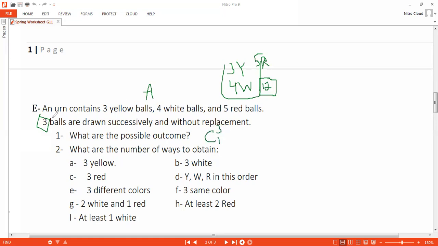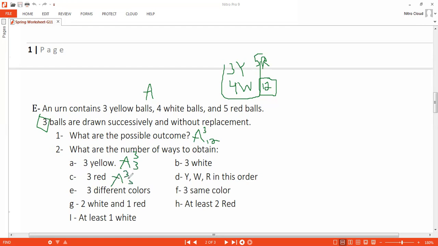So it's, sorry, it's A. Pay attention. It's A 3 12. Okay. Now, what are the number of ways to obtain 3 yellow? Only 3 yellow. It's A 3 3. 3 red, it's A 3 5.